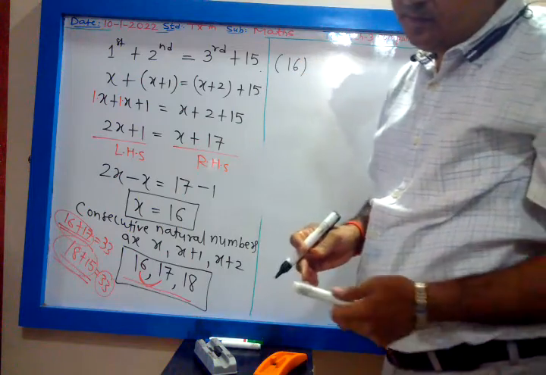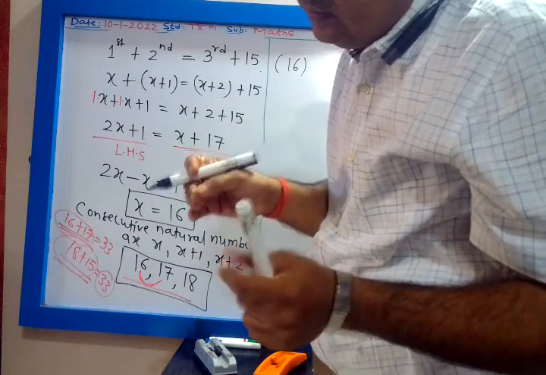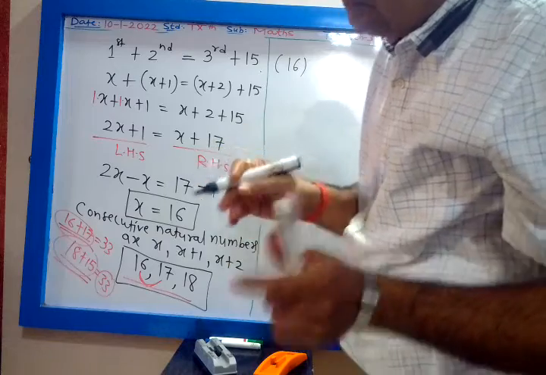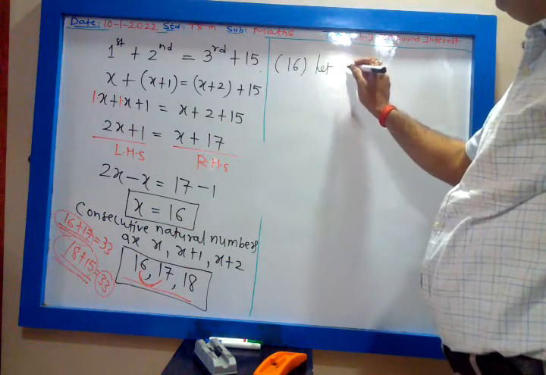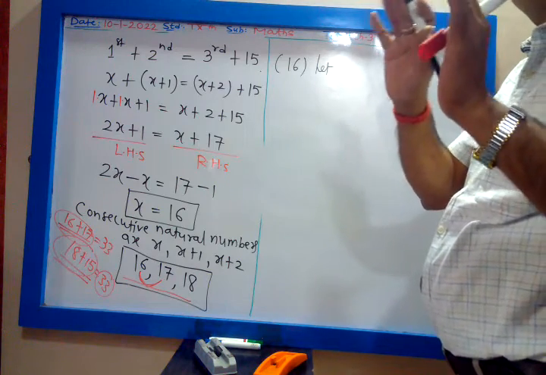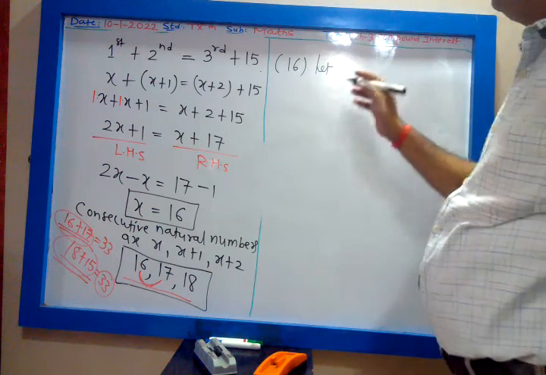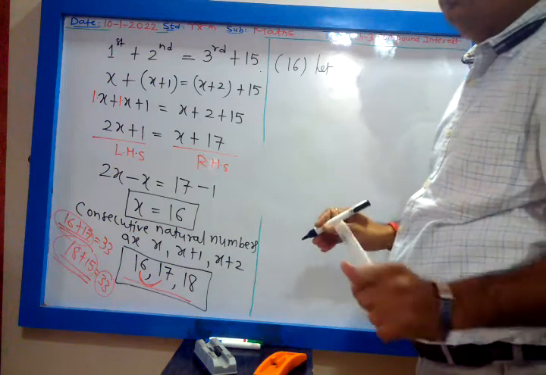Question 16: what is given? The difference between two numbers is 7. So we write, let the difference between two numbers be 7.